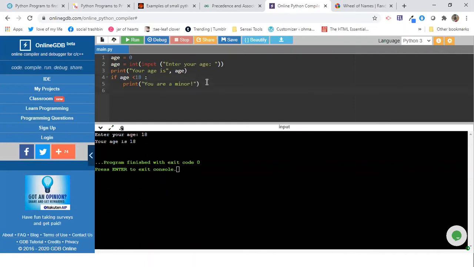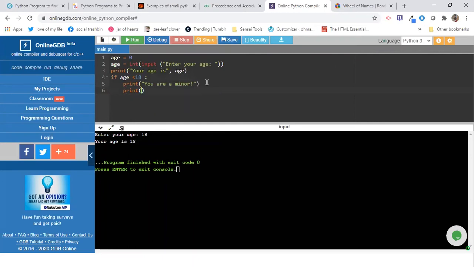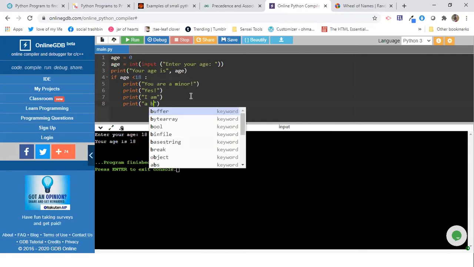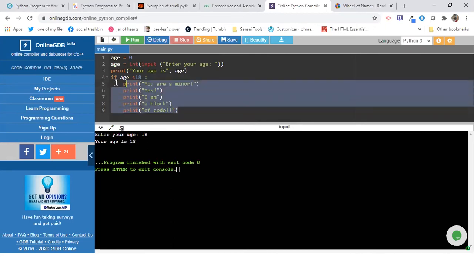Colon indicates your opening or the start of your block of code. Example, this is a block of code. When we say block, isang area or isang set of code. This is a block of code.